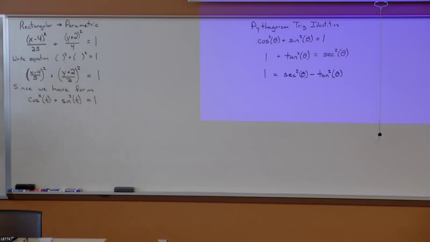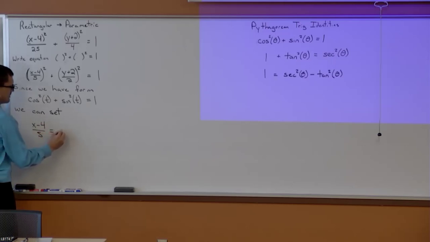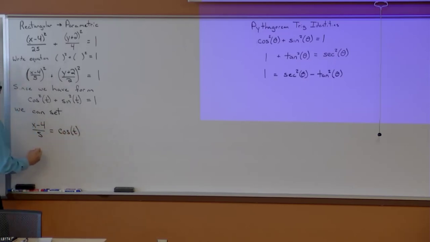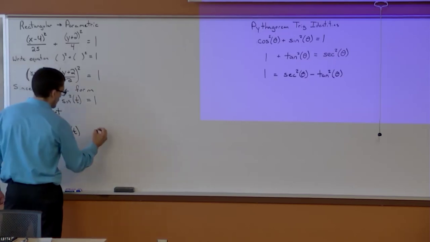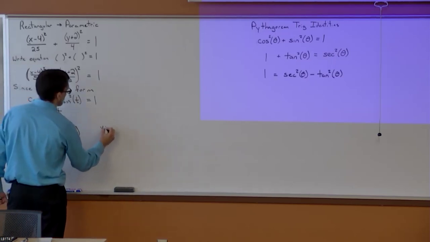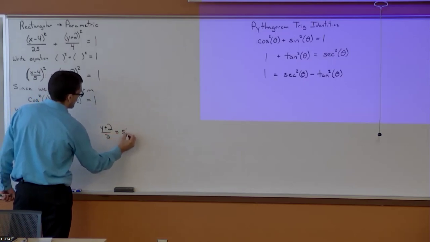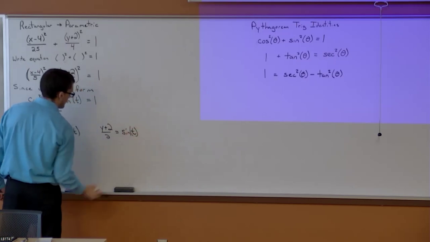But since we have that form, we can say that x minus 4 over 5 can be set to be cosine of t, and y plus 2 over 2 can be set to be sine of t.